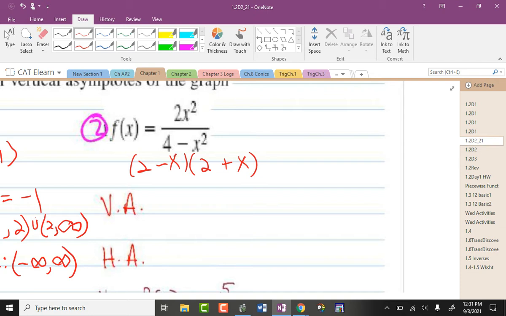Okay, so you got to be careful on this. We'll do this more in chapter 2. There could be some factors that cancel, and then we end up with holes. Does anyone remember holes from rational functions last year? Okay. All right, so when I set this equal to 0, I get x equals 2 and x equals -2.